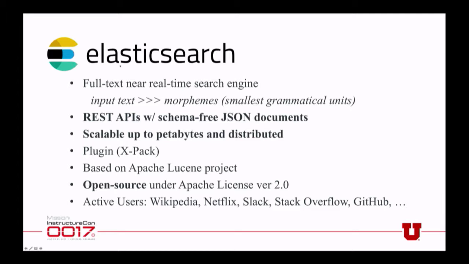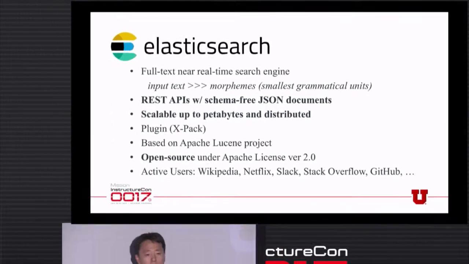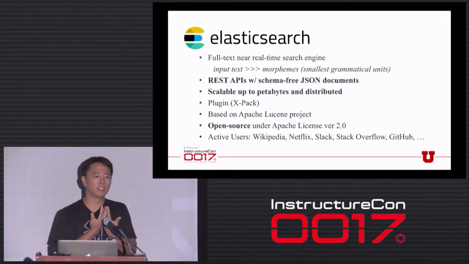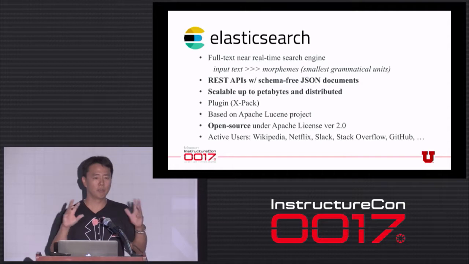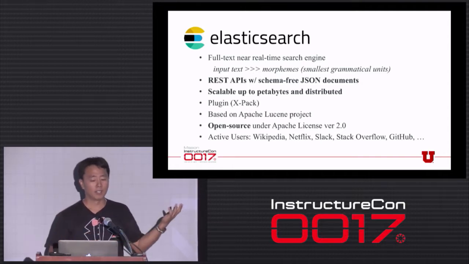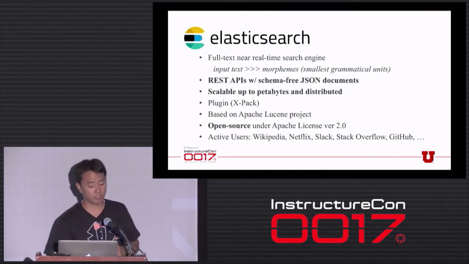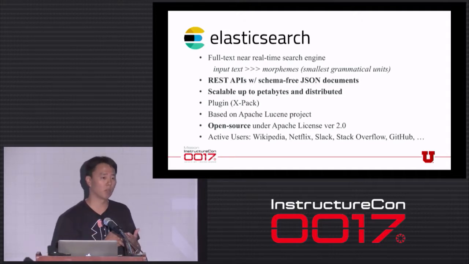A really nice feature of Elixir Search is that the Elasticsearch API is very similar to Canvas, and very straightforward.